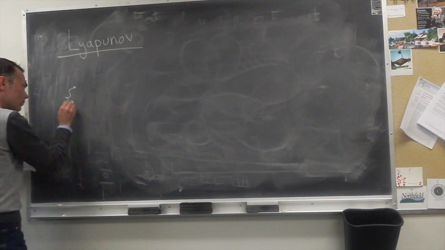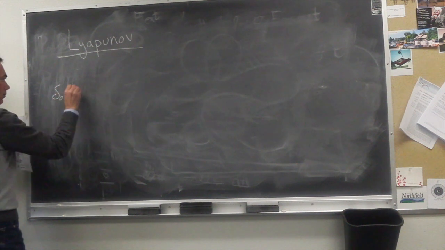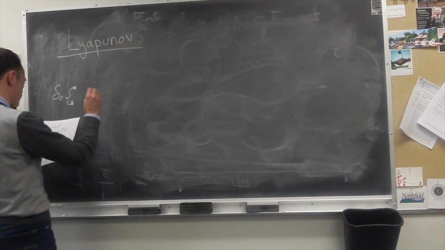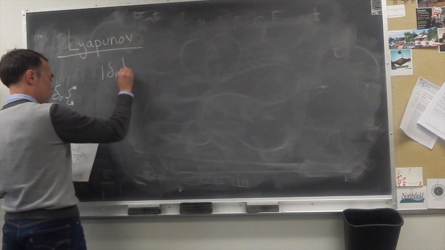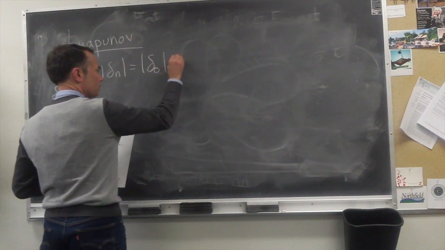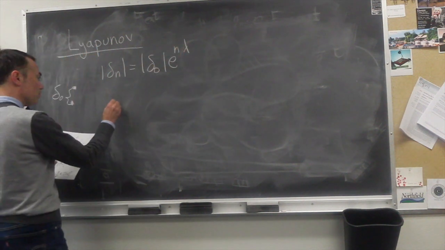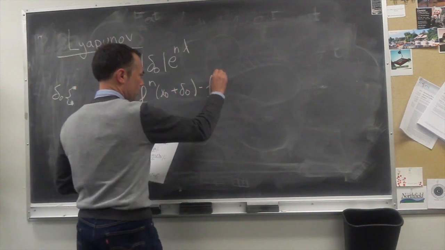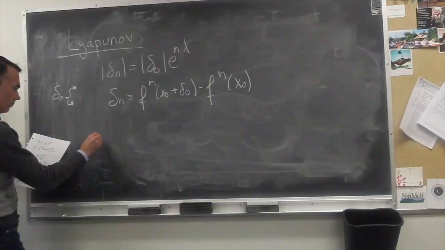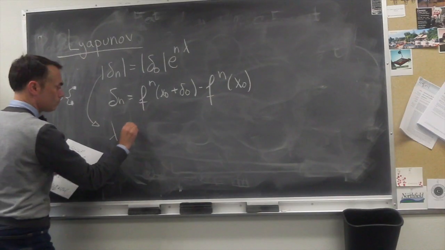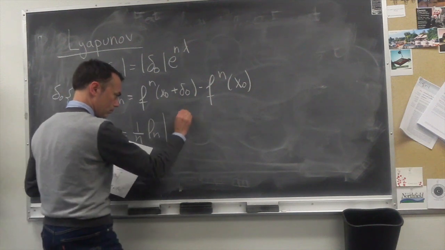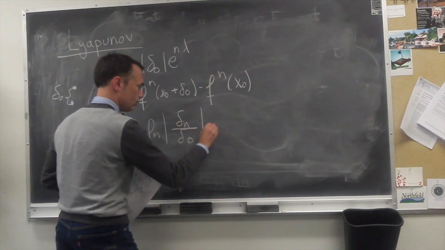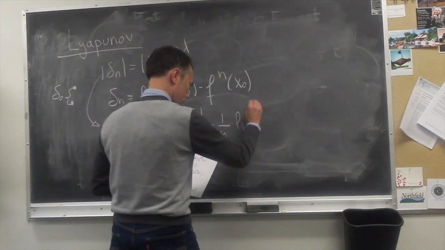We can always write the distance at the nth iteration as delta n equals delta naught times the exponential of lambda times n, where lambda is the Lyapunov exponent and delta n is the distance at the nth iteration. We can take logarithms of both sides of this expression and get lambda equals 1 over n times the log of delta n over delta naught.